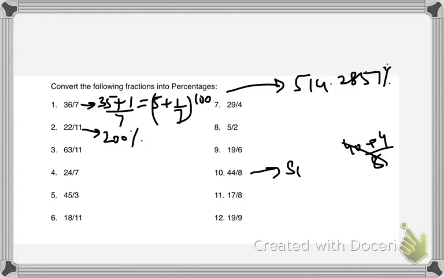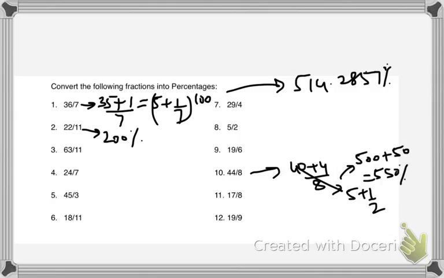Now this part will give you 5 and this part will give you half. So solving this, what you will get is 5 plus 1 by 2, and multiplying this with 100, what you will get is 500 plus 50, and it will give you 550%.